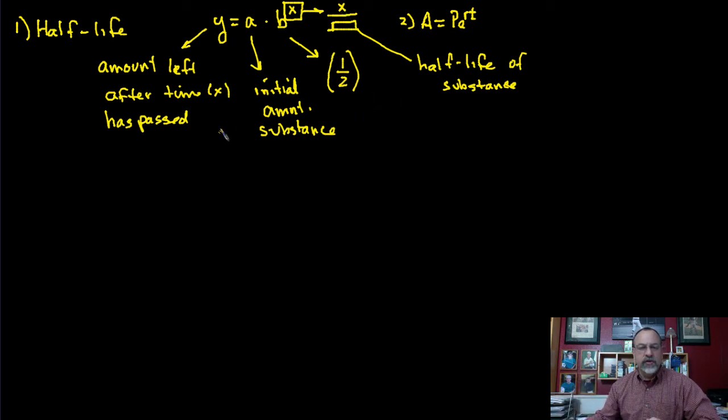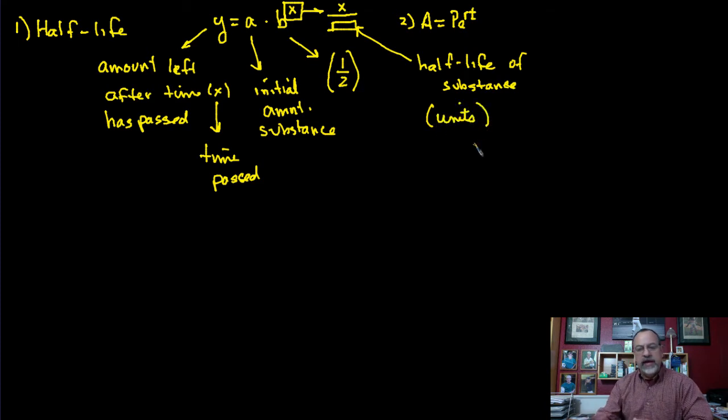So x is still going to be the amount of time passed. Those will be the values that we put in for x, and the denominator of this exponent will always be the half-life of the substance. Now it's important that once we know the half-life of the substance, we identify what the units are.